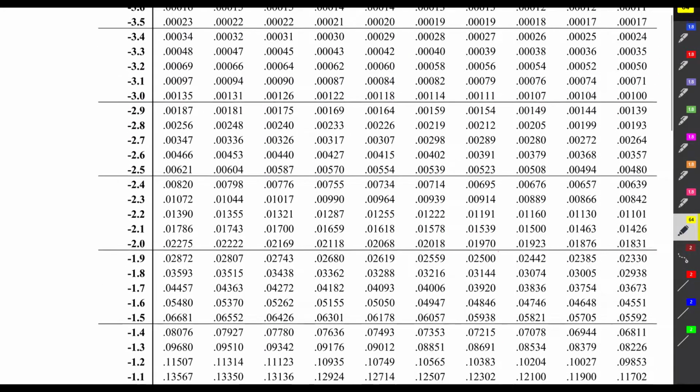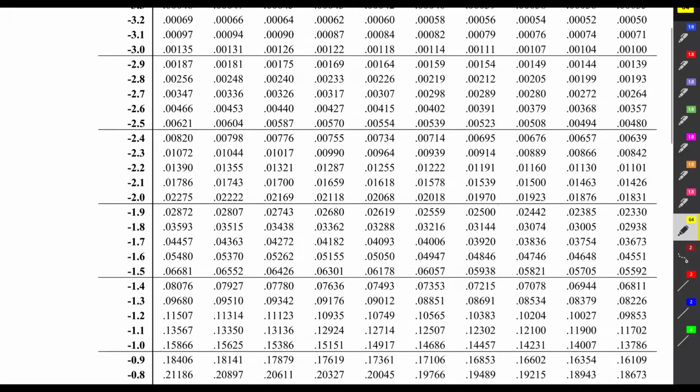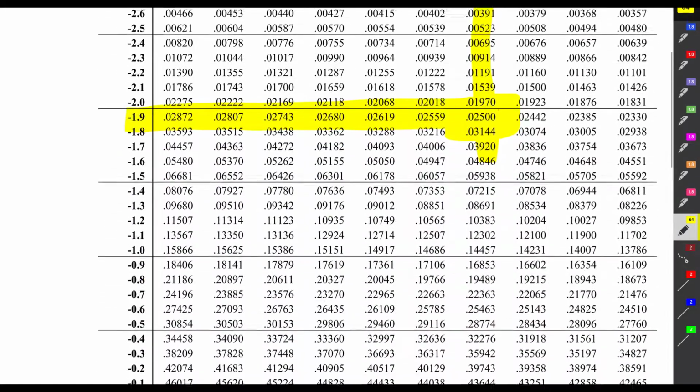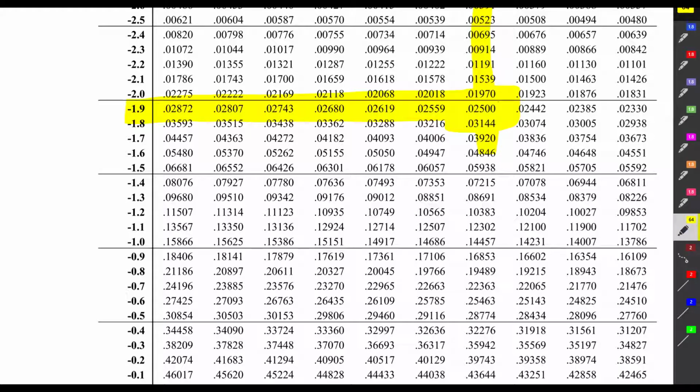Okay, 0.025 would be, where am I at? Here we go. There's 0.025. So that's negative 1.96. Symmetry would tell us then that the alternate value of that is positive 1.96.